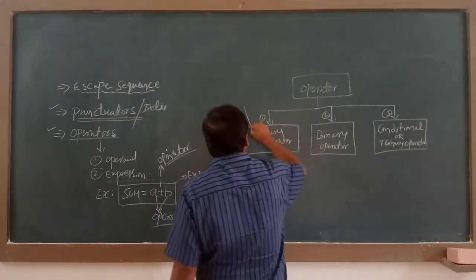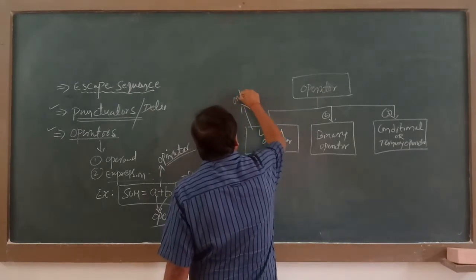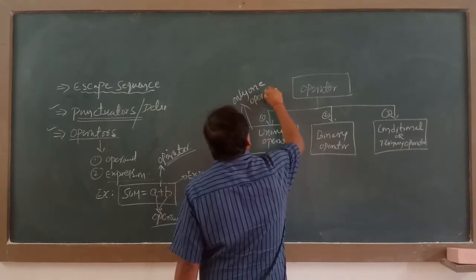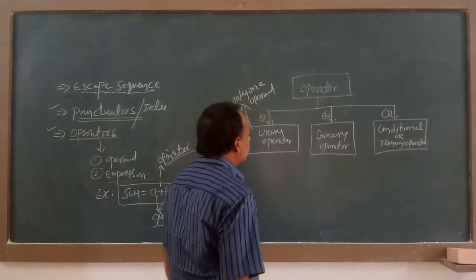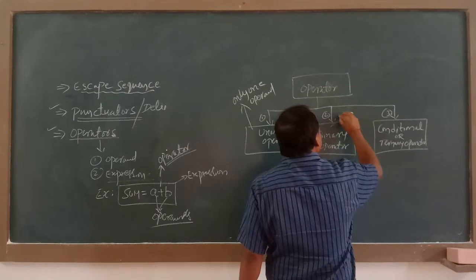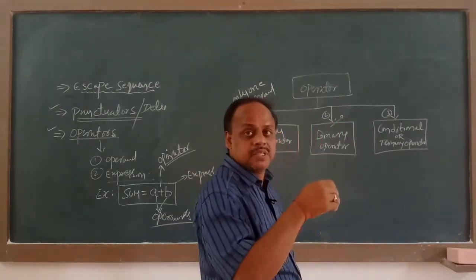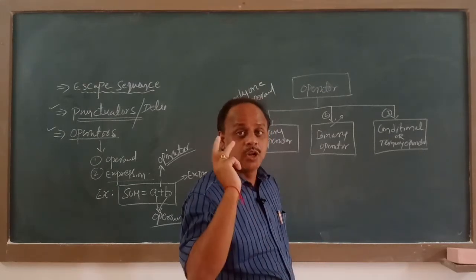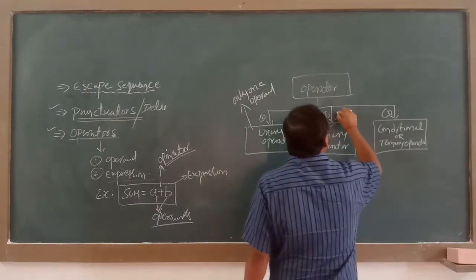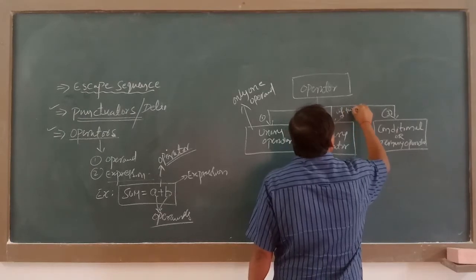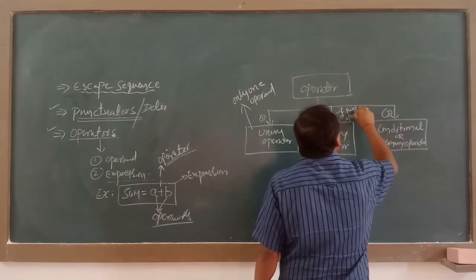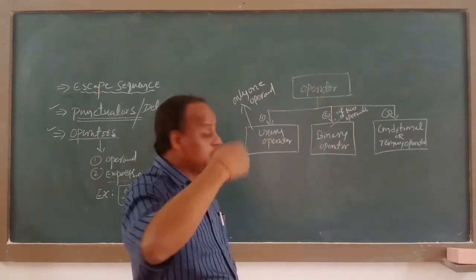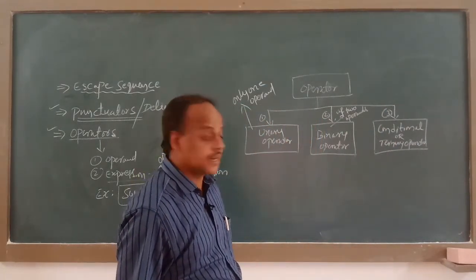So unary operator means only one operand, right? Like this, when we are using a binary operator, it means two operands. If two operands are there, we are going to use any one of the binary operators.